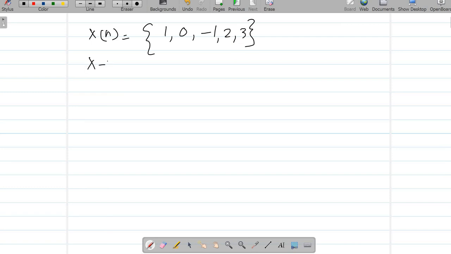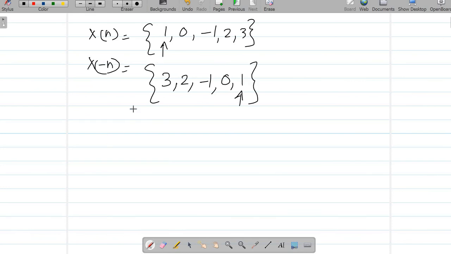Now I know x of minus n is nothing but, this will be at 0, so it will be 3, 2, minus 1, 0 and 1. So I have to add up these two. When I add up these two, I end up getting 3 by 2. This is the even part of this.